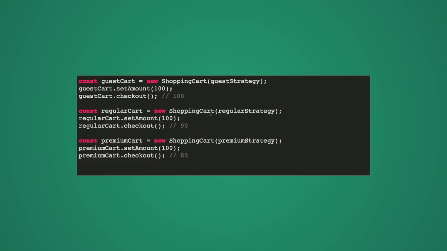Then if you are a regular customer registered with us, we have a 10% discount for you. So if you want to buy items worth 100 euros, you pay only 90. And if you're a premium user, maybe you pay us a fixed monthly fee, then we increase our discount, and you have a 20% discount for the items. If you buy items worth 100 euros, you pay only 80.